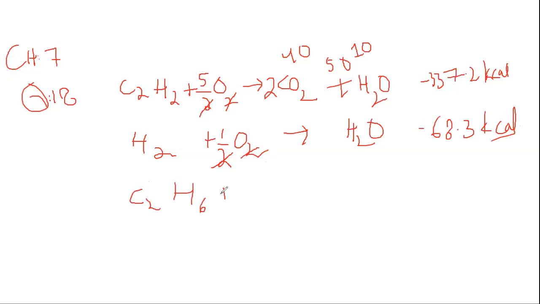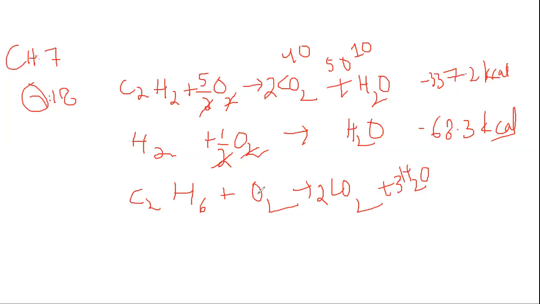Next is C2H6. The combustion of C2H6 will give you carbon dioxide plus water. Balance this equation. 2 atoms of carbon in the reactant, 1 atom of carbon in the product, so you have to write here 2. 6 atoms of hydrogen in the reactant, 2 atoms of hydrogen in the product, so you have to write here 3. 3 twos are 6, and here you can see 6 hydrogen atoms.